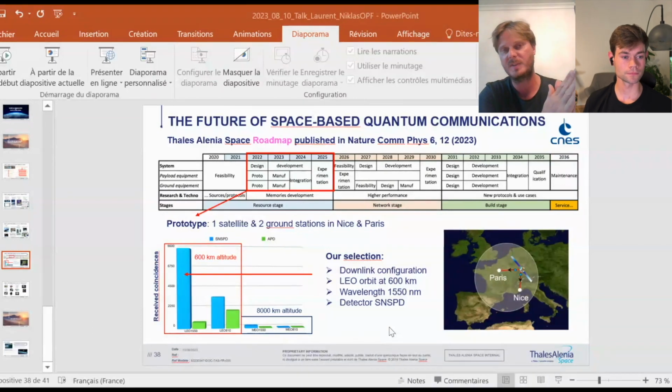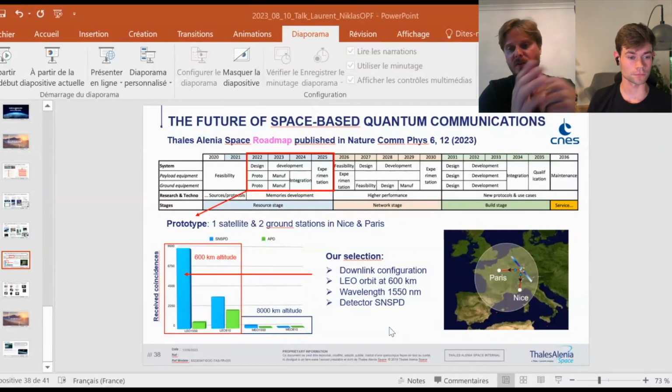So you are doing something that is called point ahead. When you point ahead, you have an angle between the received light and the emitted light. And so the turbulence is not exactly the same, and you are not able to compensate exactly for the turbulence effects in uplink due to point ahead.